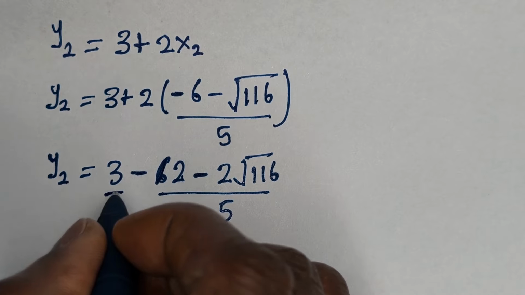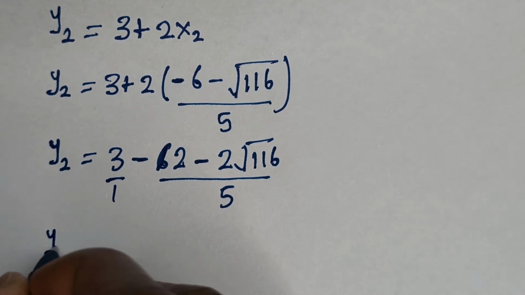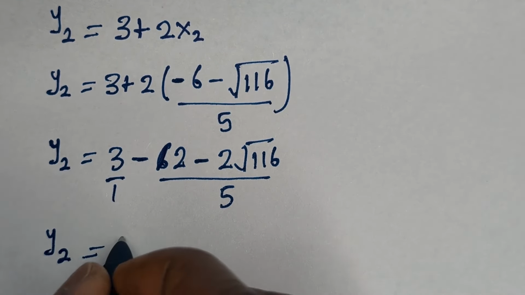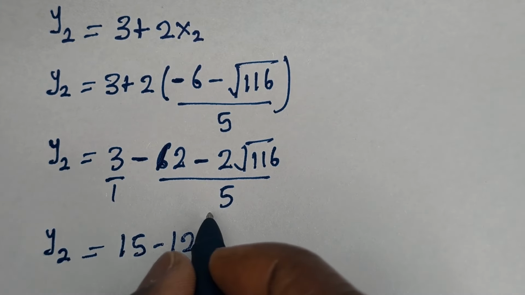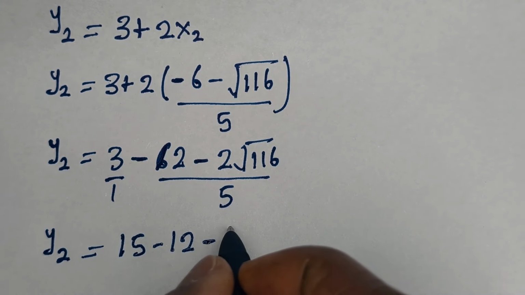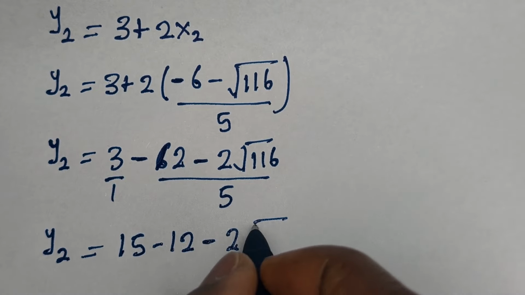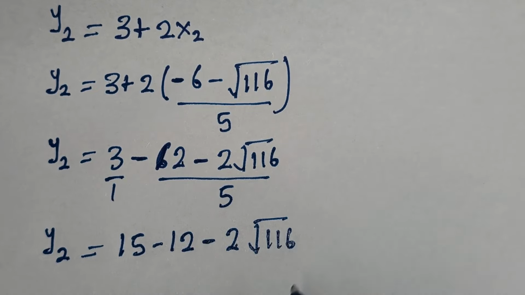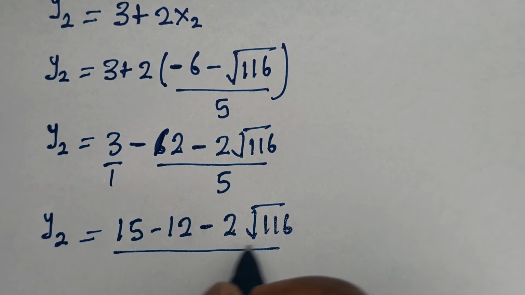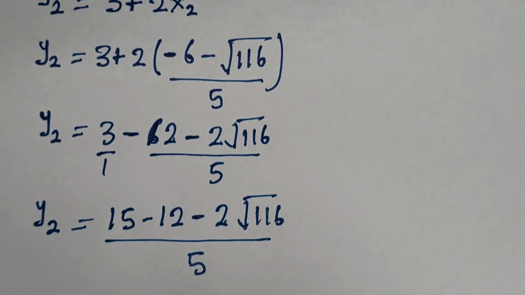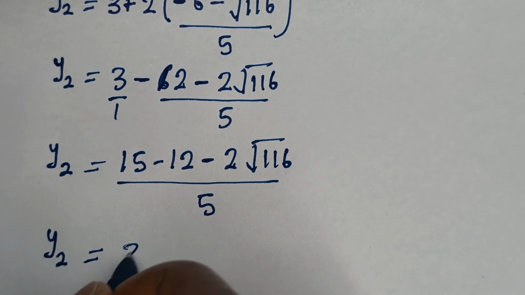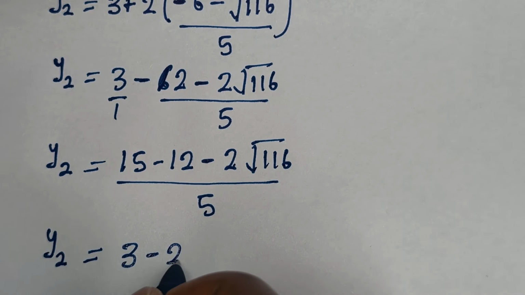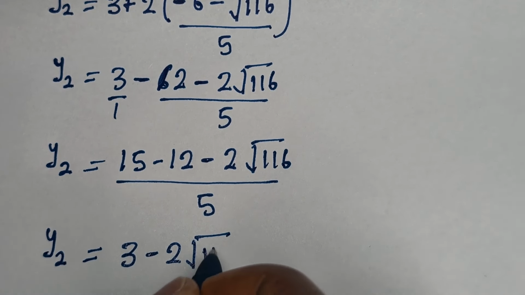Then this is over 1. y2 is equal to 15 minus 12 minus 2 square root of 116 over 5. y2 is equal to 15 minus 12. This is 3 minus 2 square root of 116 over 5.